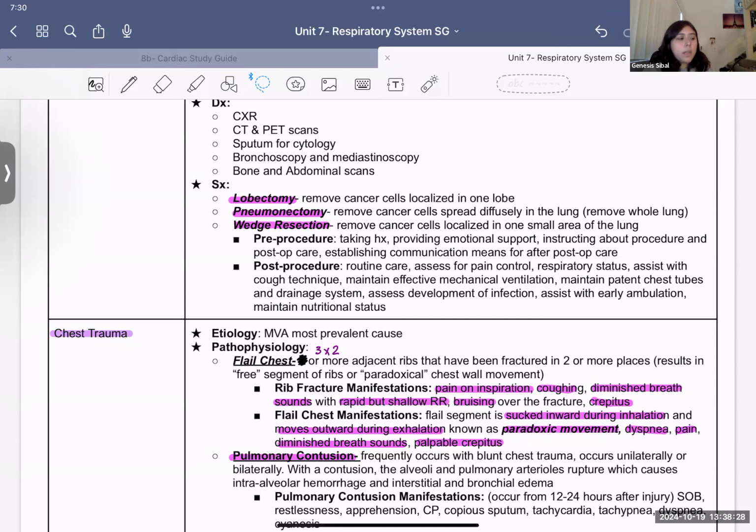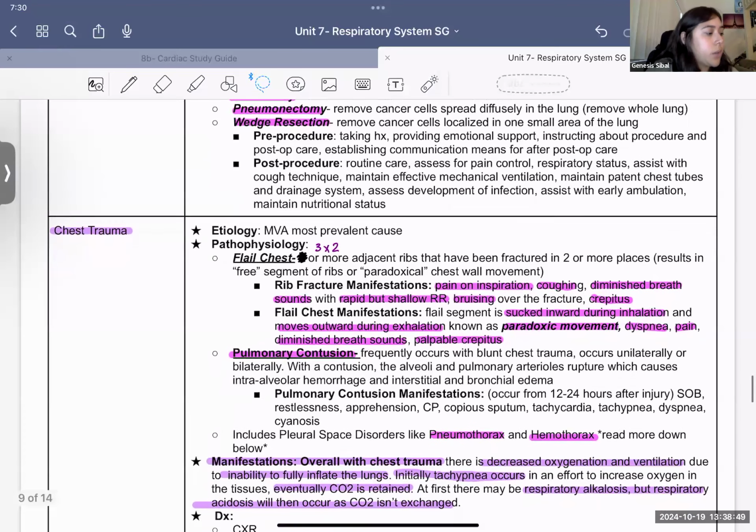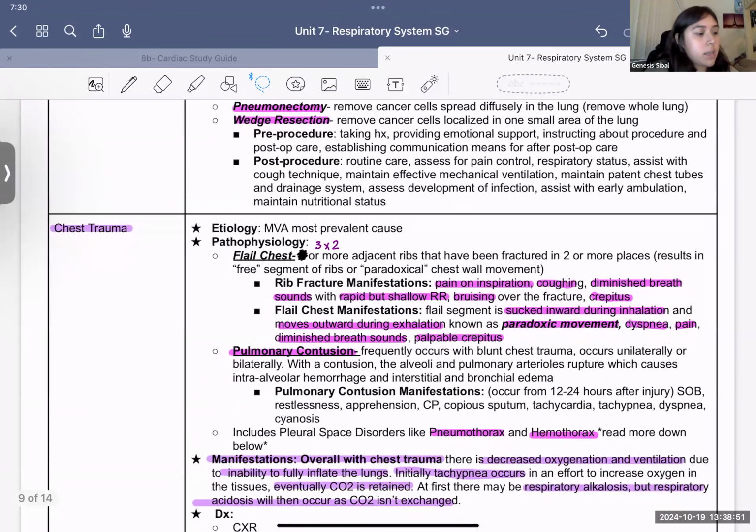But if it's more malignant and able to get to the whole lung, you can remove the cancer cells by removing the whole lung. And then a wedge resection, you're removing cancer cells localized in one small area of the lung. And again, you can still do radiation, you can still do chemo and everything. So just read on the pre and post, but I feel like again it's going to be the same thing.